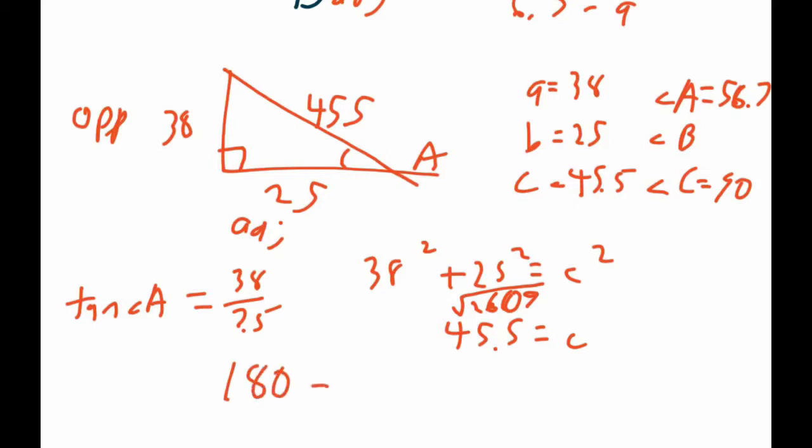When we subtract off the other two angles from 180, we will get angle B, because we know that a triangle has 180 degrees. So we have 33.3 is our answer for angle B.